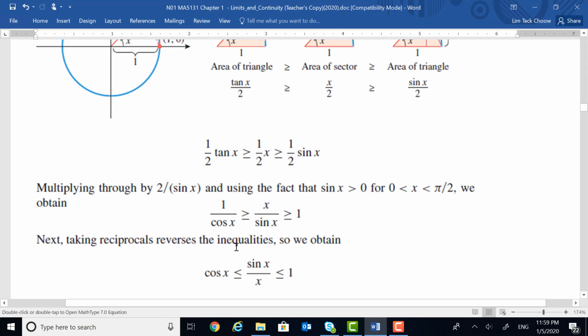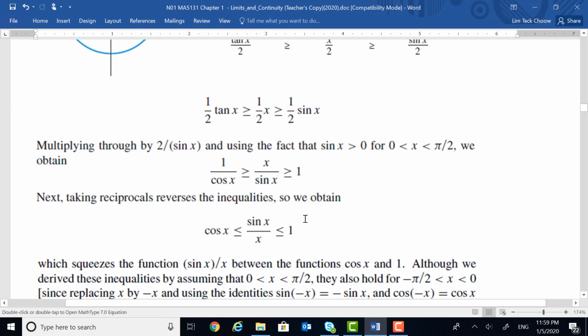So with this result, which is quite similar to the much earlier one, I can again, if I want to, take the reciprocal to obtain this result that you used in the earlier example to show that the limit as x goes to 0 of the middle term is equal to 1 with the use of the squeeze theorem.